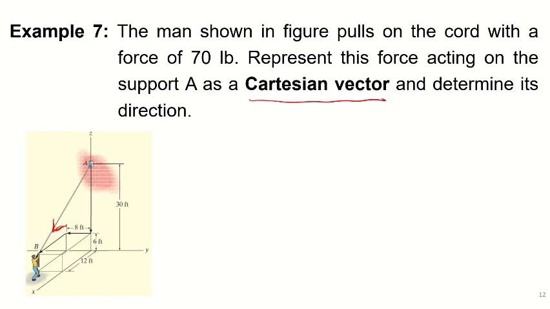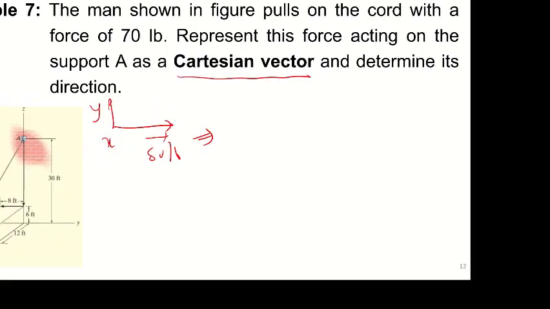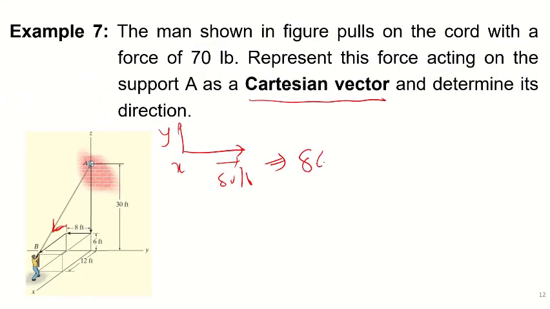So if we know that some force is in the x direction, say this is the x direction and this is the y direction, and the force in the x direction is 80 lb, if we are asked to put it in Cartesian notation, we can say it is 80i, right?